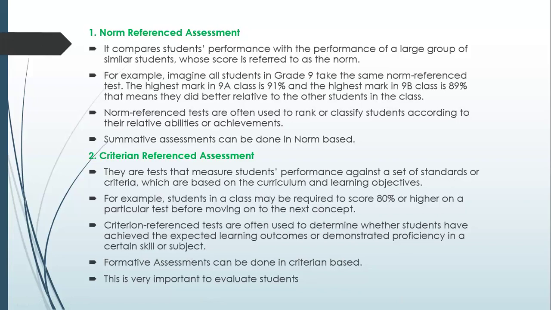And according to our primary curriculum, there are 3 stages. The first stage is grade 1, 2. The second stage is grade 3, 4. And the third stage is grade 5.